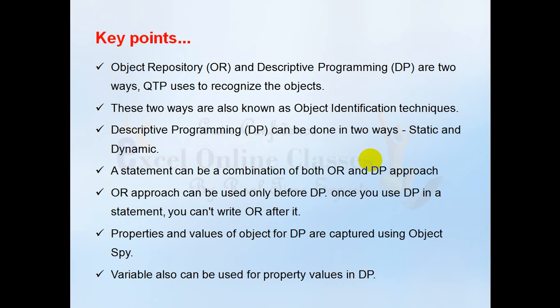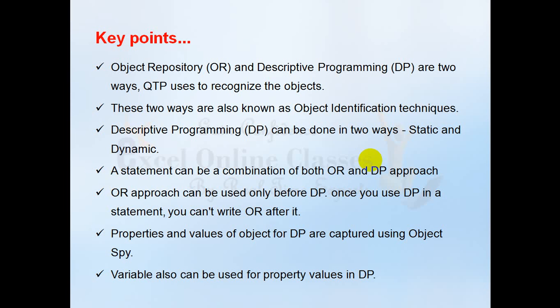The interviewer may ask you what the object identification techniques are. The object identification techniques are object repository based and descriptive programming. These two ways QTP uses to recognize an object. Descriptive programming can be done in two ways. As we discussed earlier, these are static and dynamic descriptive programming.